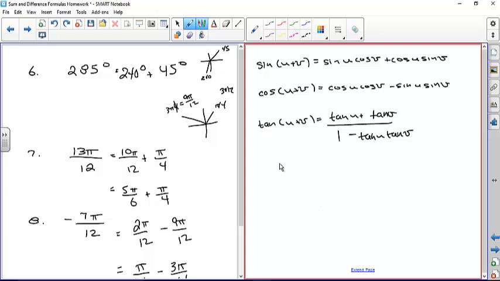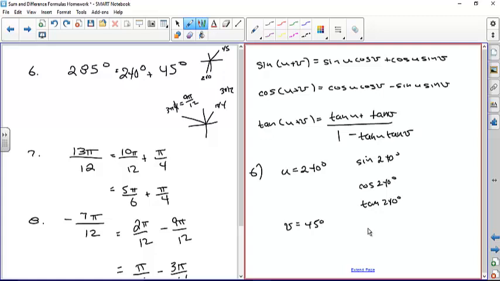In our case, the first case for number 6, u is equal to 240 degrees and v is equal to 45 degrees. So we need the sine of 240, the cosine of 240, the tangent of 240.